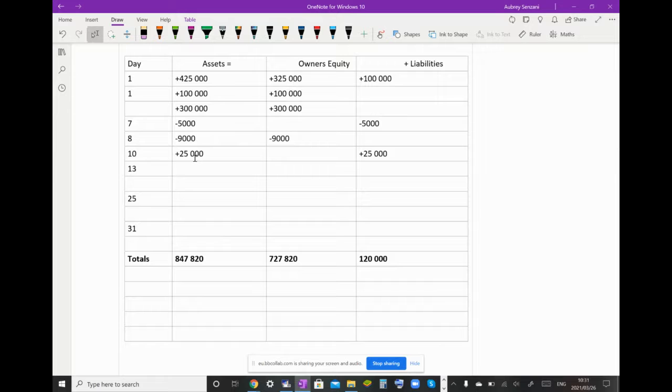Let's move on to the 13th. What happened on the 13th? We sold merchandise with a cost price of 2,000 on credit for 4,500. What must happen? Which accounts are affected? Yeah. So your bank will increase because it's an asset.